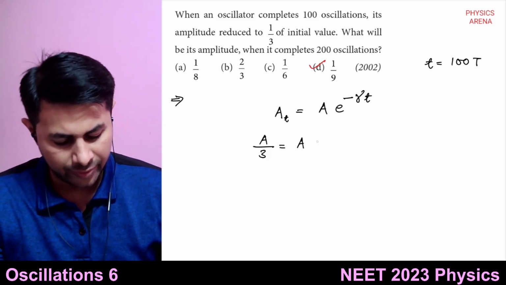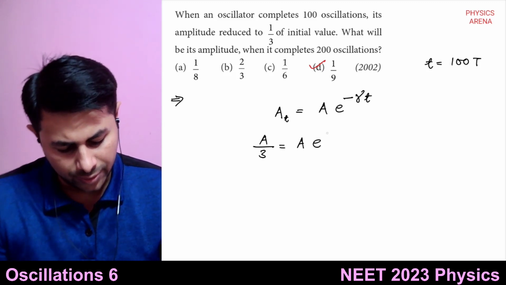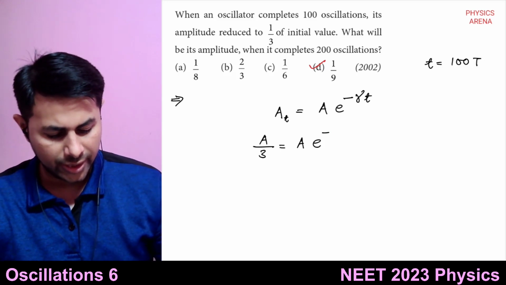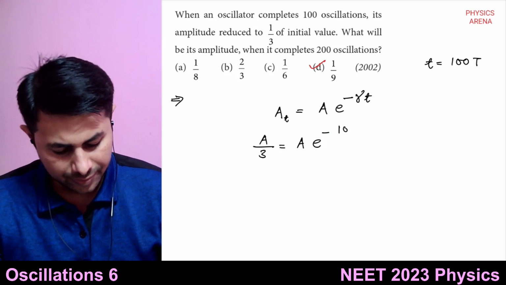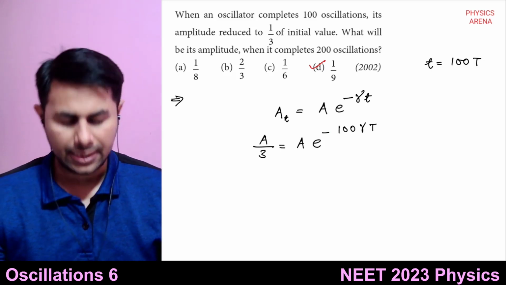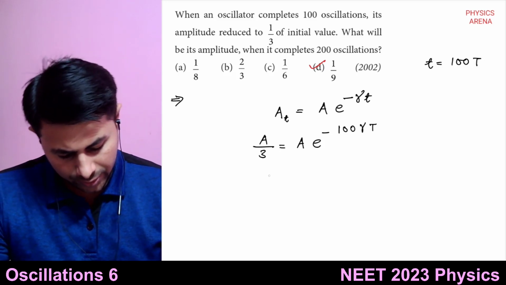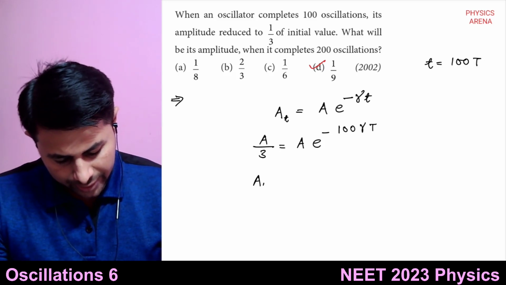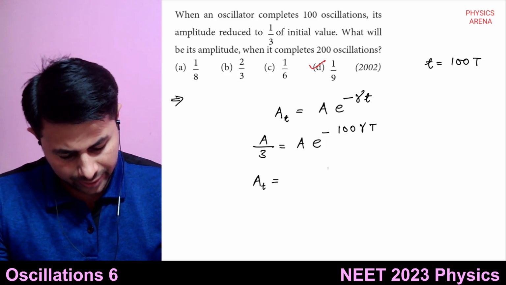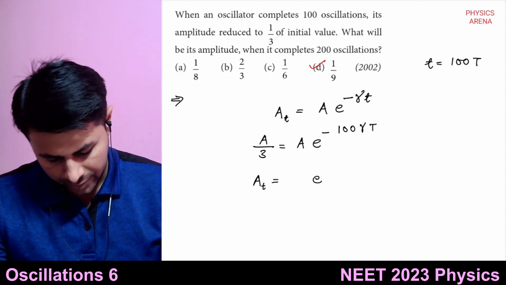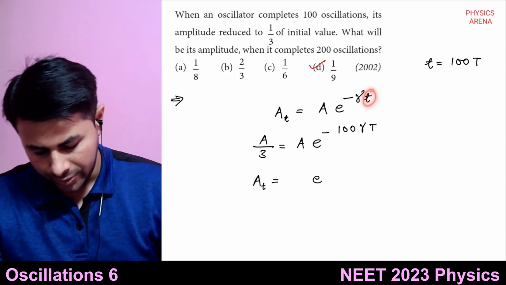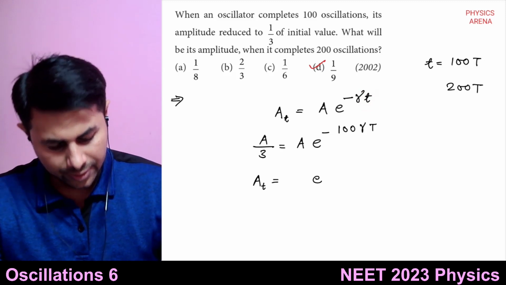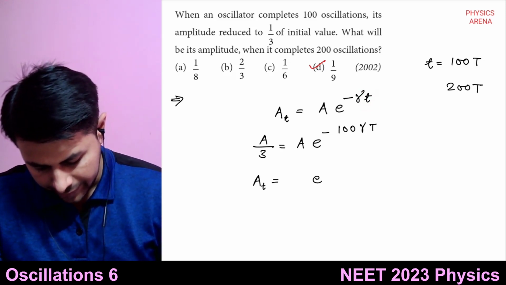So A by 3 is equal to A multiplied by e raised to minus 100 gamma T. So you want to find what happens when t is equal to what? 200 times T, right?